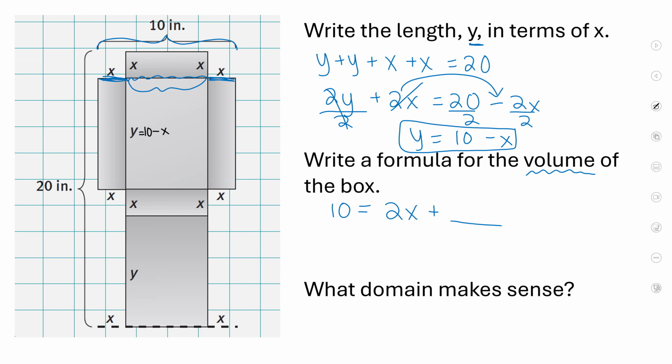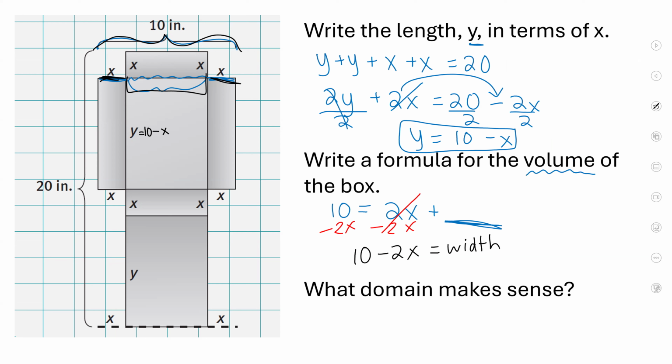So let's get this mystery part by itself. Just subtract 2x. So this has to be 10 minus 2x. Or this whole length is 10, and you have to take away this x and this x to get the remaining part, 10 minus 2x. Does that make sense, guys? Okay, so that's the width.